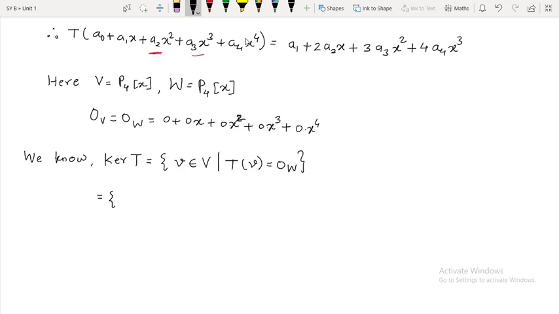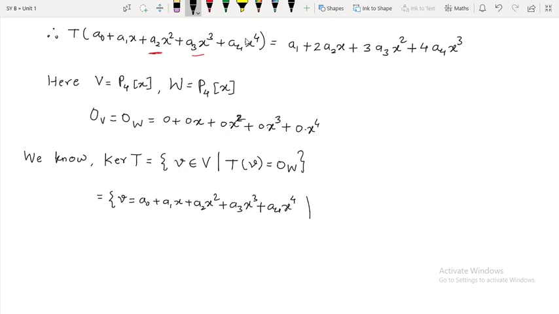So therefore it is a collection of v, where I will call this v as a0 plus a1x plus a2x square plus a3x cube. Now see, this problem is easy, but it is a little bit lengthy because P4 is there, right?